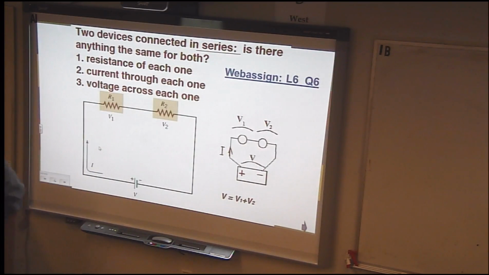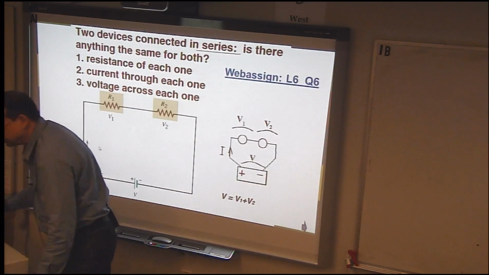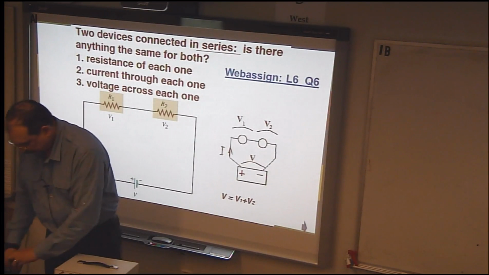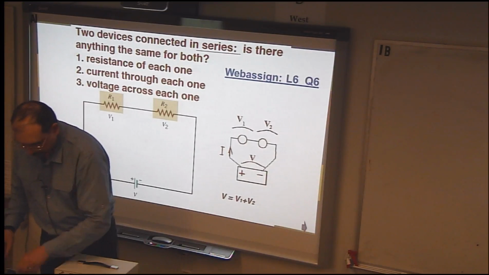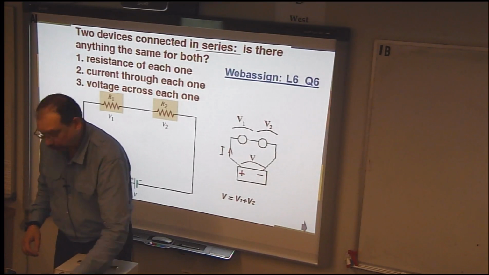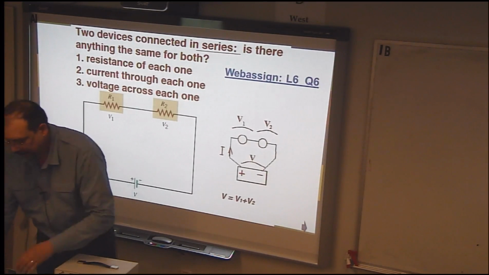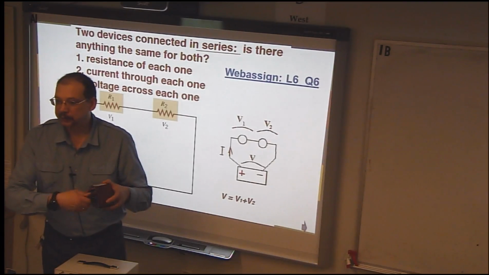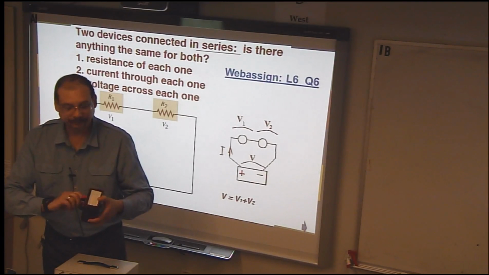Several minutes ago, we saw this example. Two, well, we call them elements, devices, resistors. This is also a resistor. This is a variable resistor. We can change the resistance.